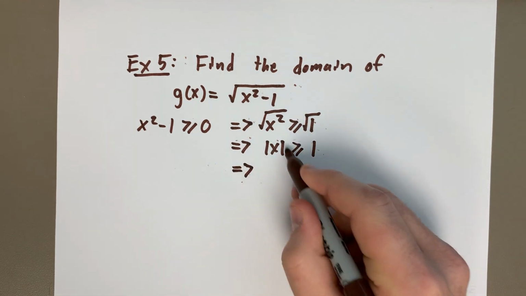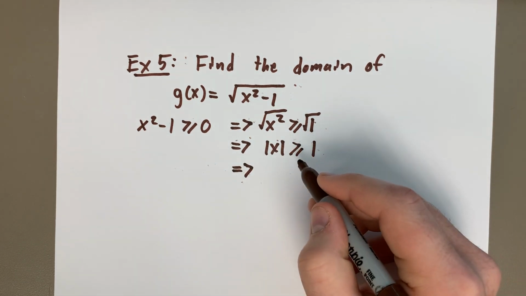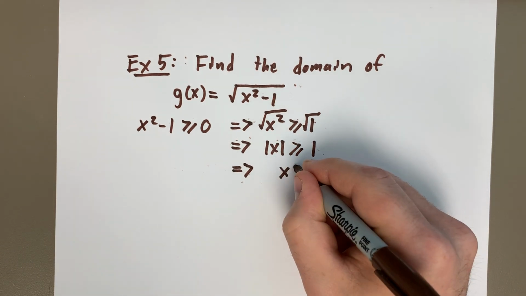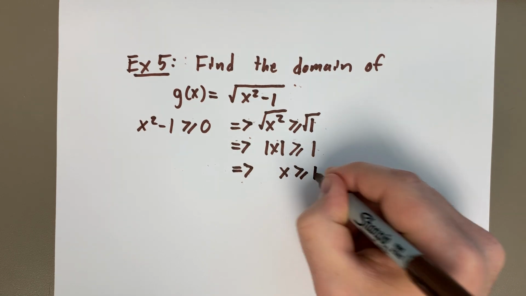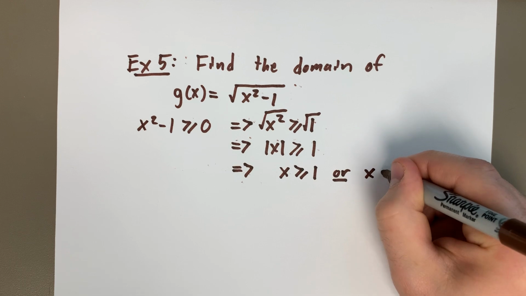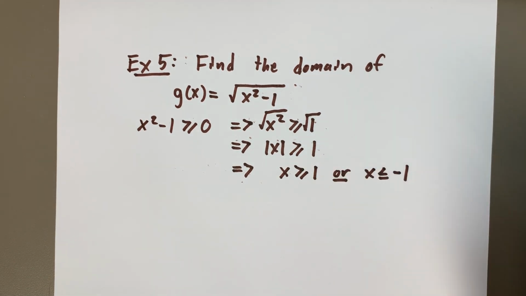When you have the absolute value of a variable that is greater than or equal to something else, what this means is that x has to be either greater than or equal to the positive version, or x has to be less than or equal to the negative version of this thing.